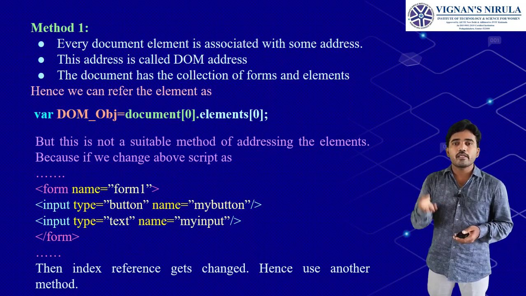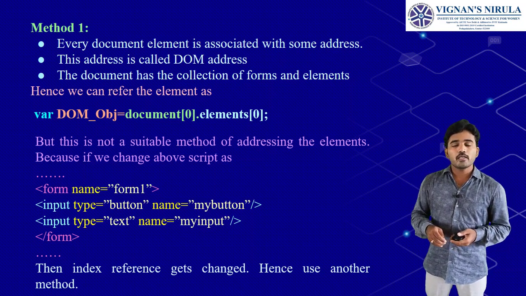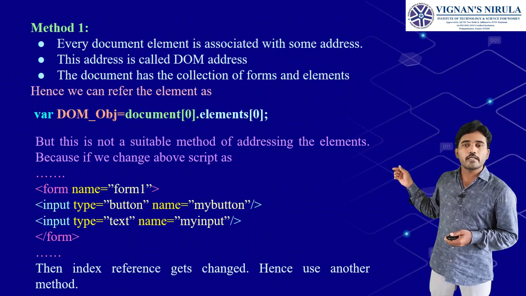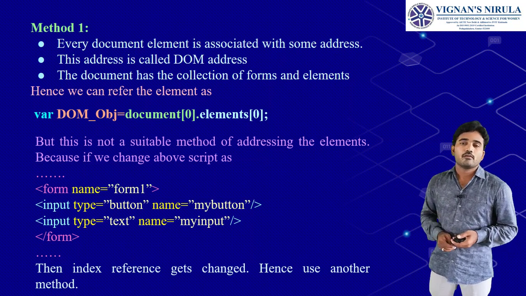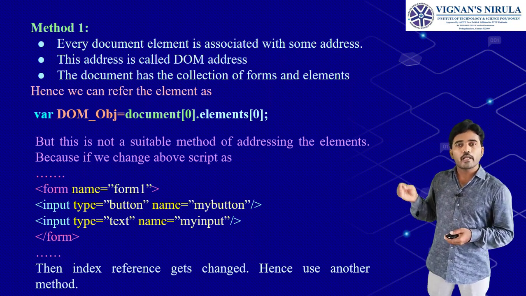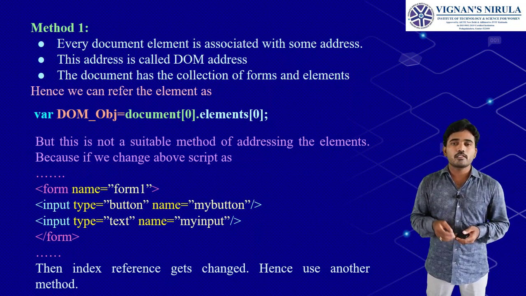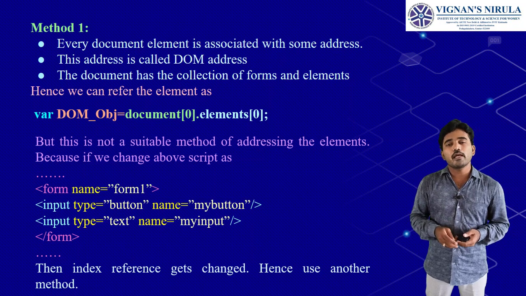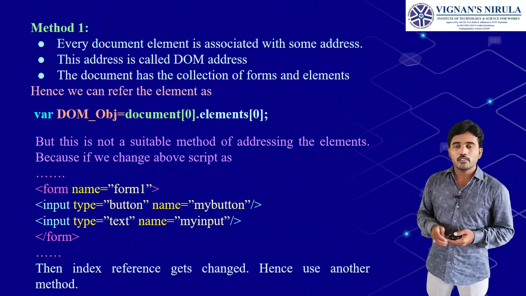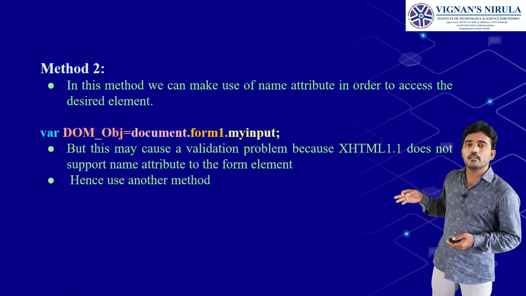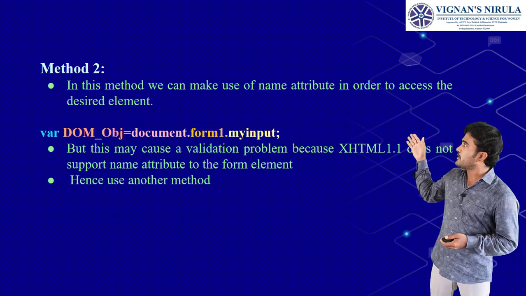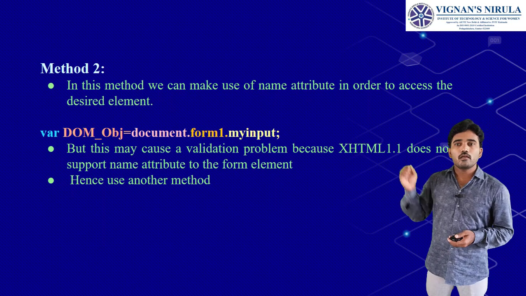So the index may change. Previously the type text input had index 0, but now its index is 1. If you address in this manner, the index reference gets changed. So this is a disadvantage, and to avoid this you need to use the next method, method 2.